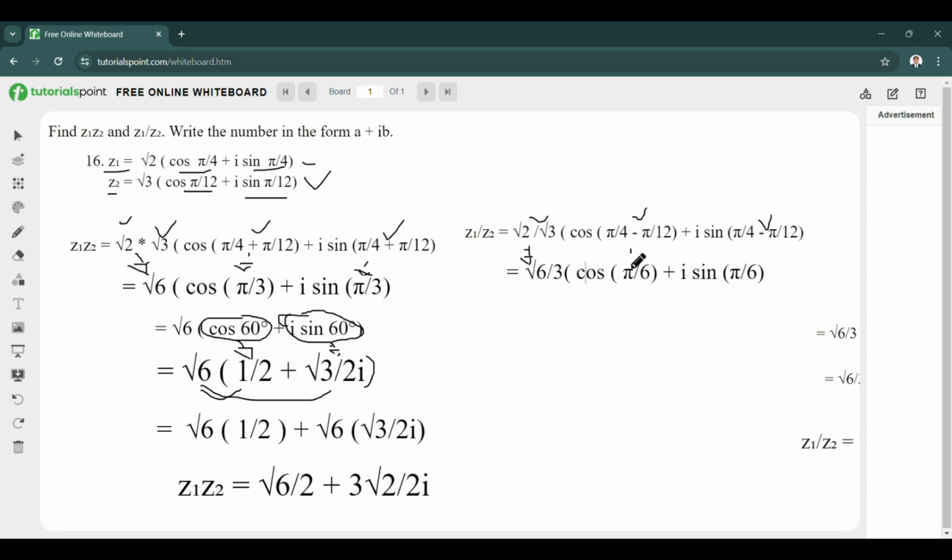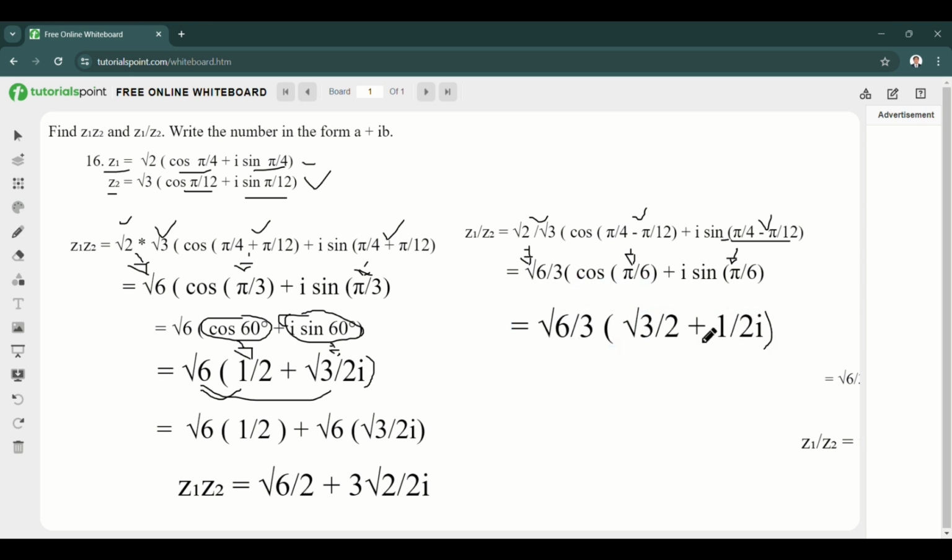Then the cosine and sine, because we subtract, we'll have pi over 6.